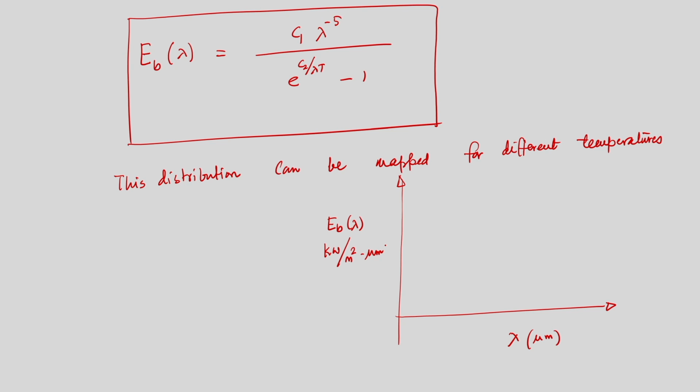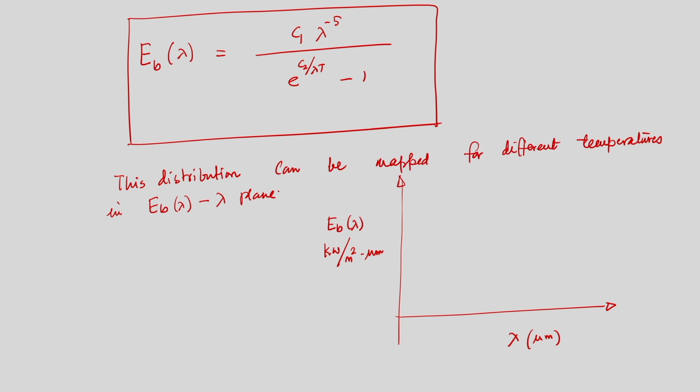If we try to obtain the distribution using the expression written above for two different temperatures, the distribution can be mapped in the E_bλ versus λ plane, E_b as a function of λ.